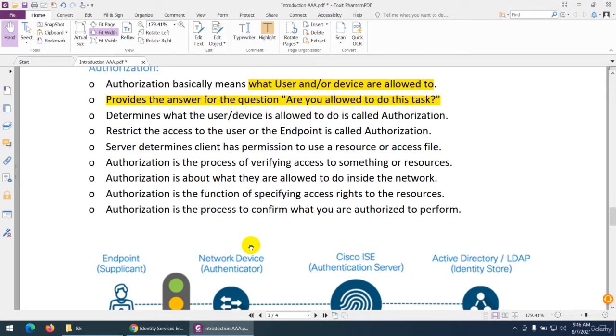It can be in the network and it can be in the device. It means restricting the access of the user or endpoint is called authorization. And I give an example of a credit card: how much you can spend. You can spend only the money which you have. You cannot spend more than that. So definitely this is your authorization.